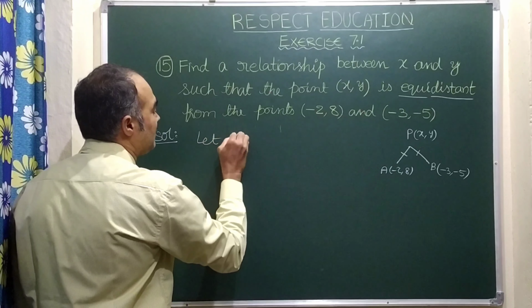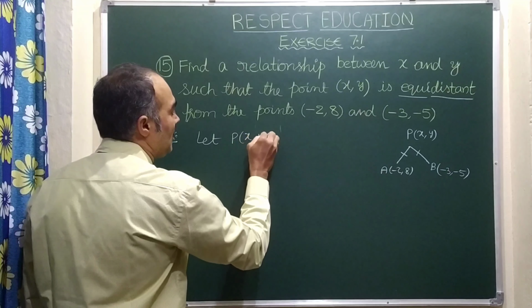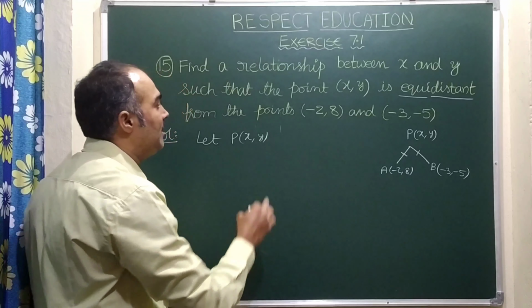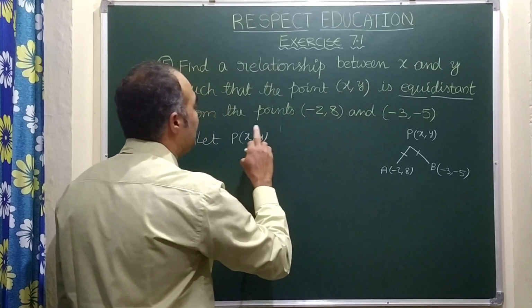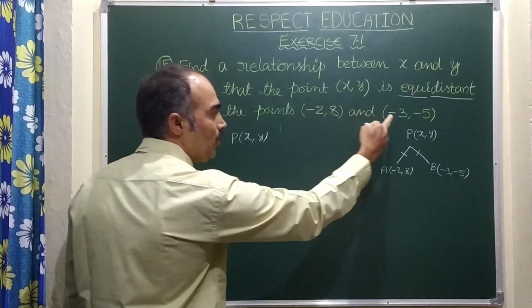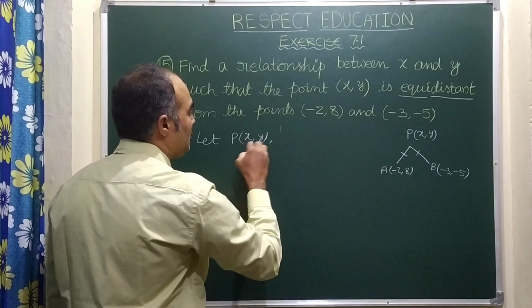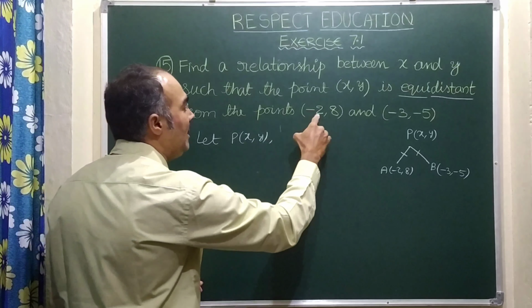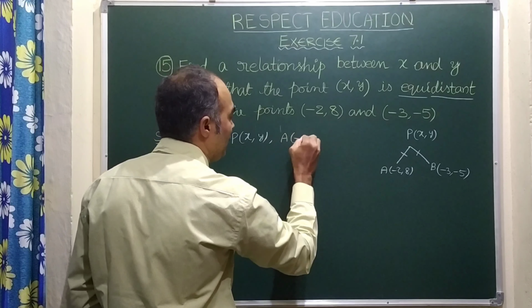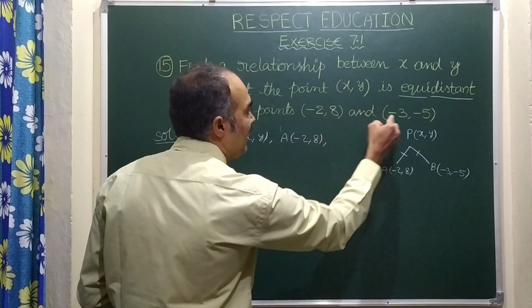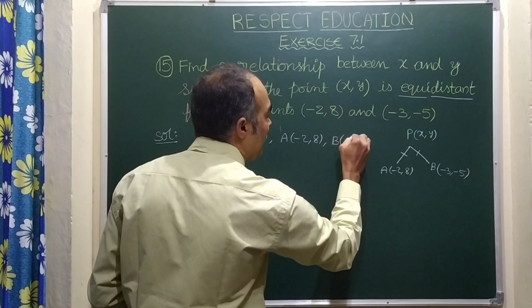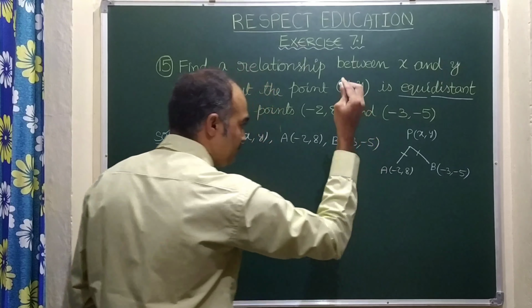Let P(x, y), given that this is equidistant from these 2 points. Let the first point be P(x, y), this point we take as A(-2, 8) and this point we take as B(-3, -5).